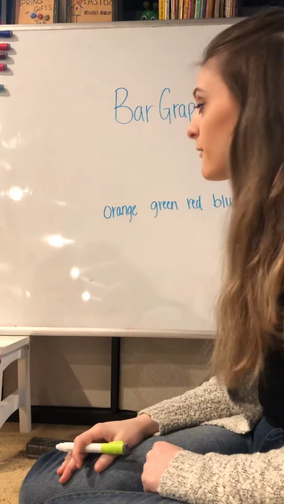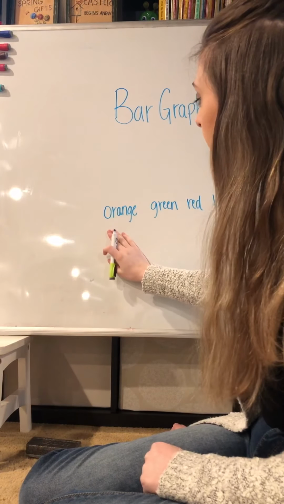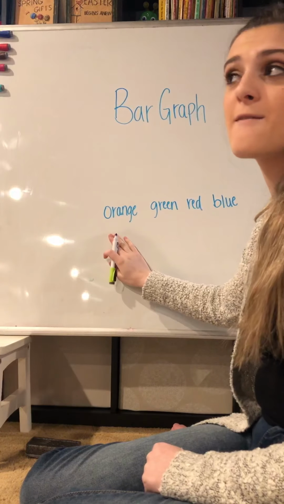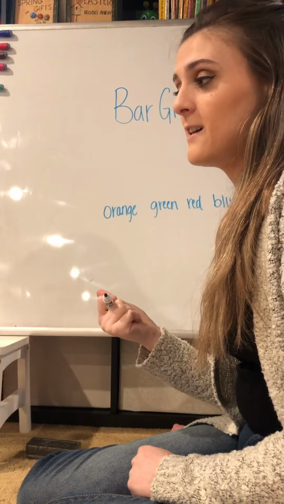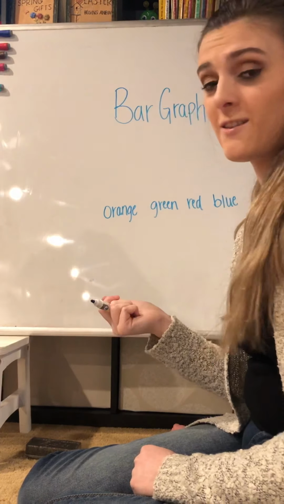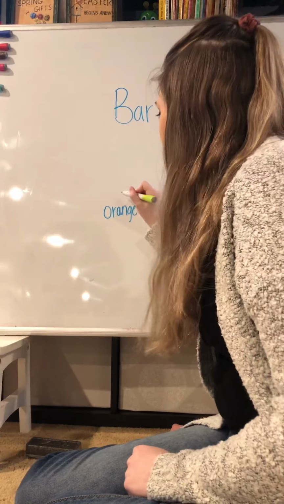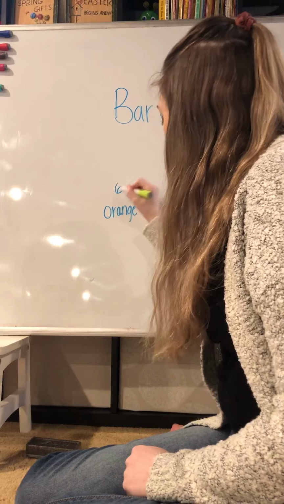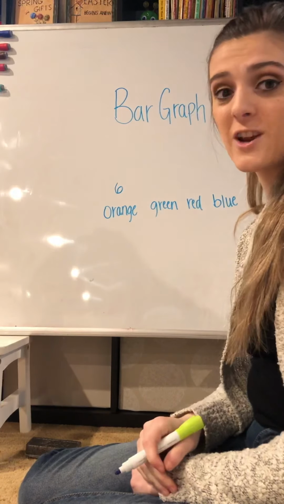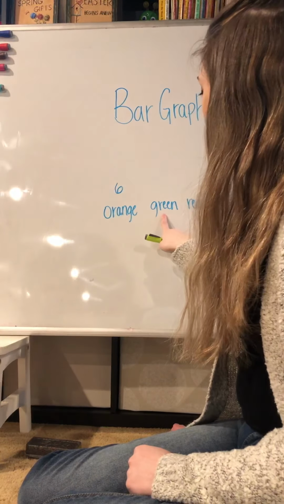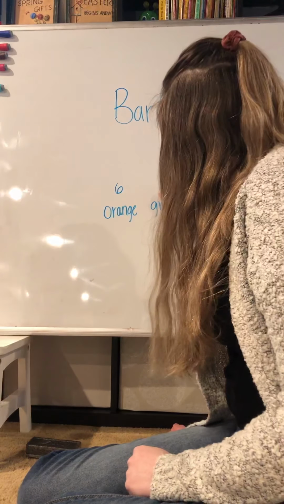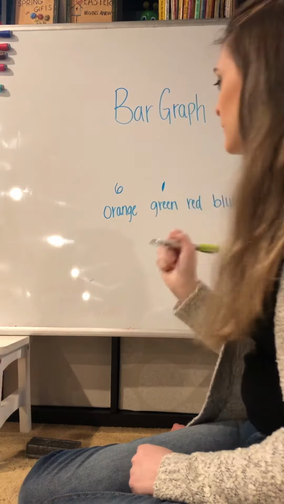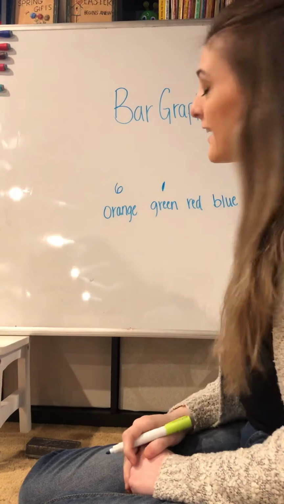In my refrigerator upstairs, I know that I have a bag of carrots and I have 5 oranges. So I know that I have 6 orange things in my refrigerator. And then green, I know that I have 1 green pepper in there.